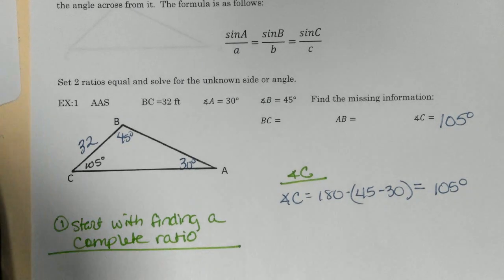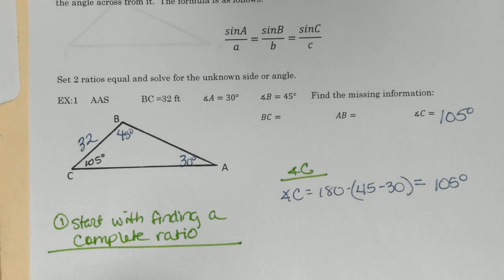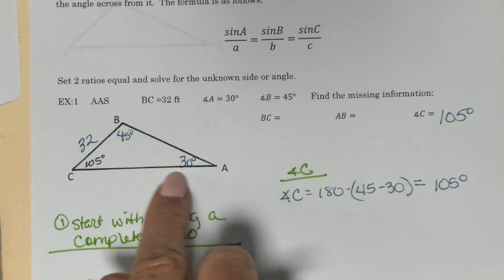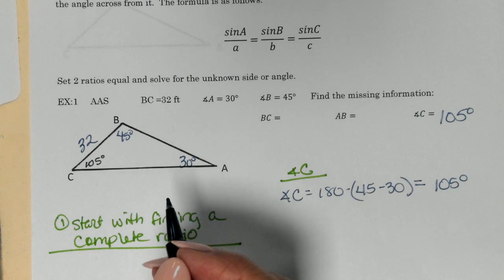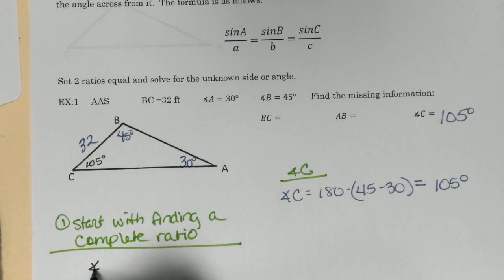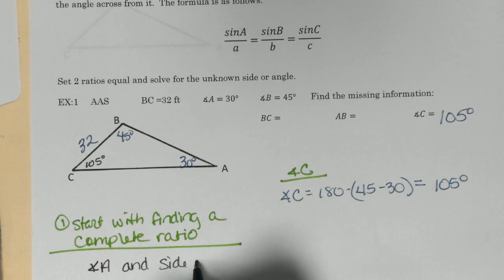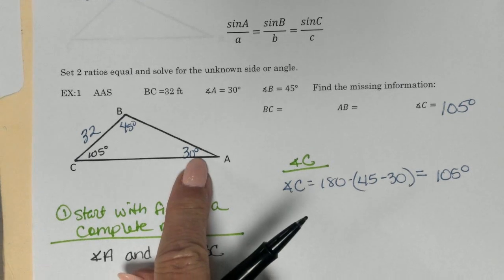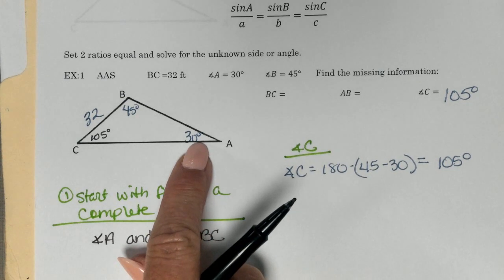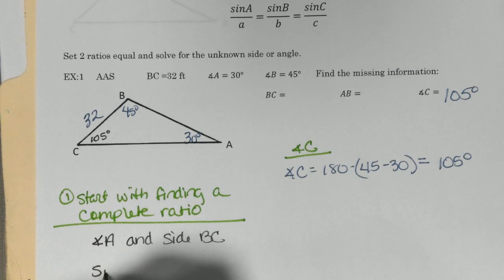So what we're looking at is angle A and side BC. Now when I set up my proportion, I'm going to start with the sine of angle A, which is 30 degrees, the sine of 30, and compare it to the side across from it, which is 32.